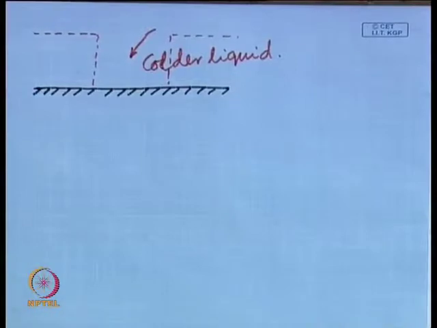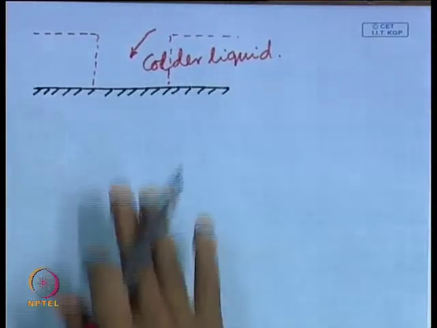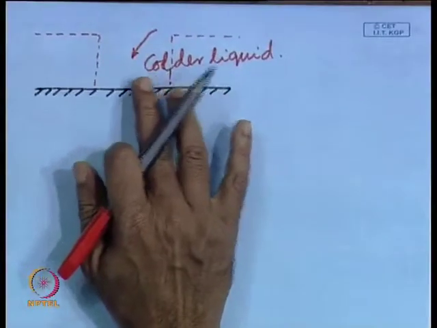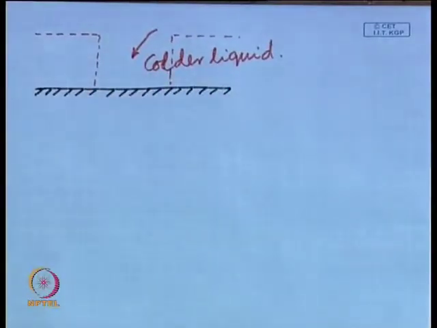Now, again, if a bubble has to grow, then what will happen? This place has to be filled up, and the liquid has to gain a higher temperature, otherwise the bubble growth will not take place.